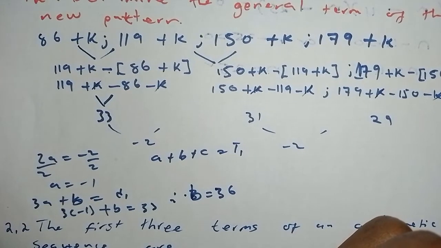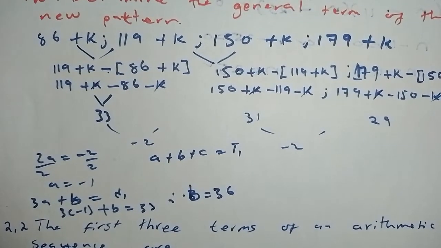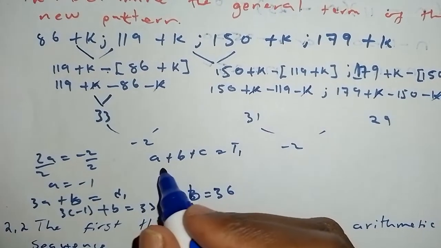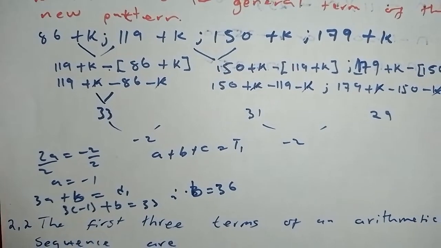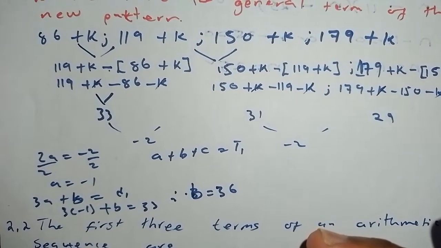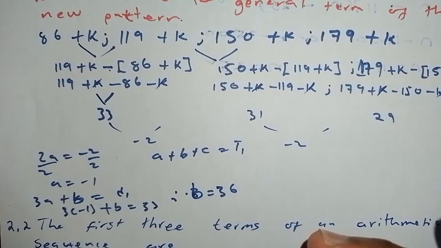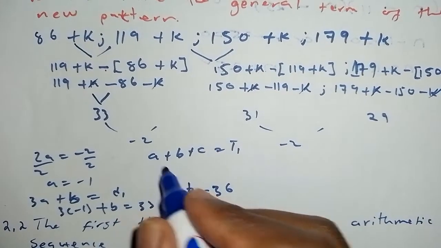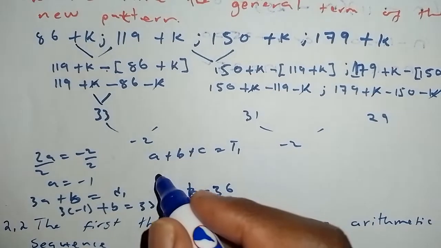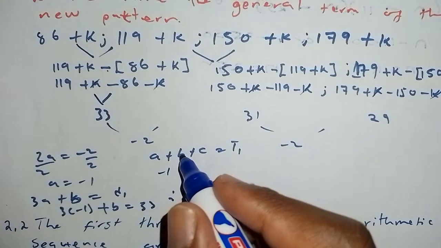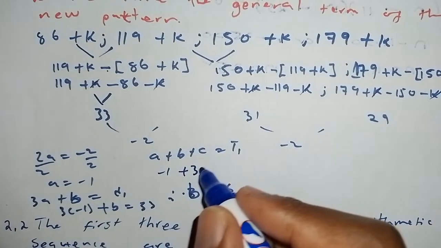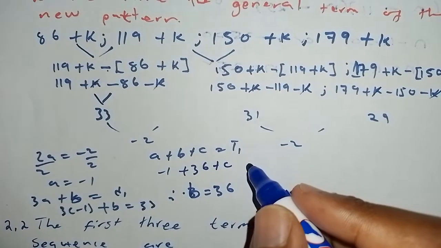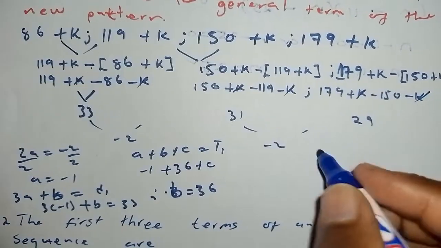What do we have? We have a is, wait, what did I do? Did I do it correct? Yes, I did it correct. Okay, now a is negative 1, b is 36, plus c. Okay, wait, let me just write it here.